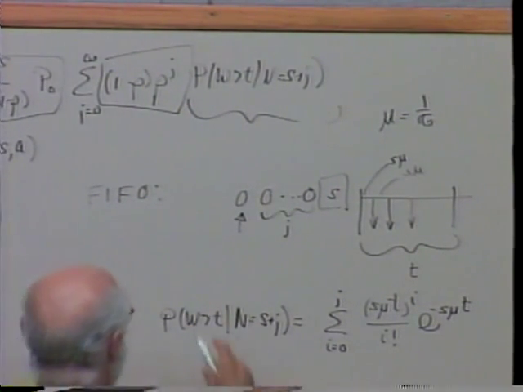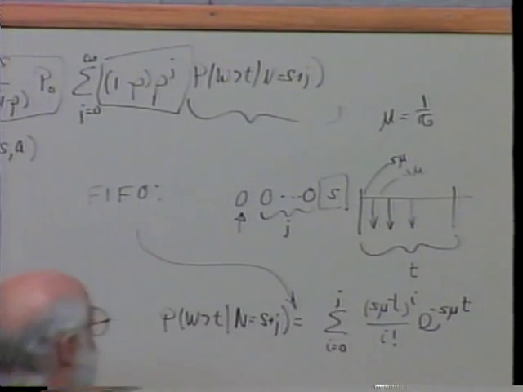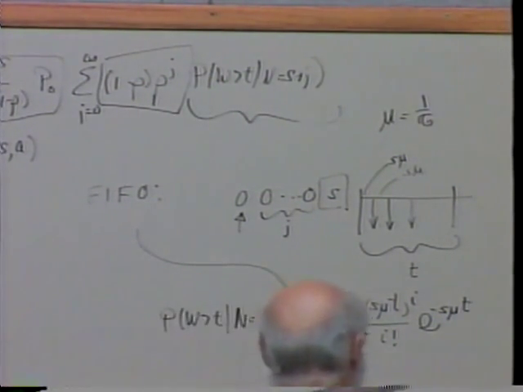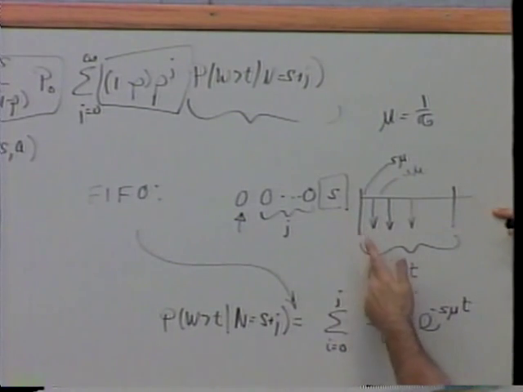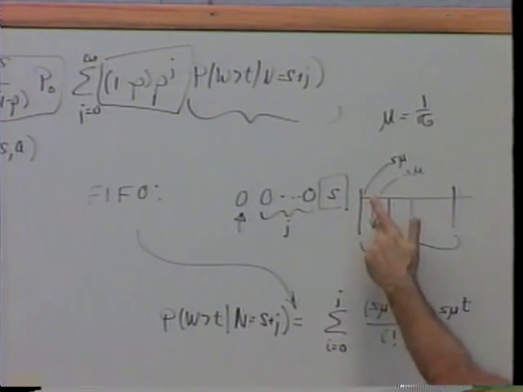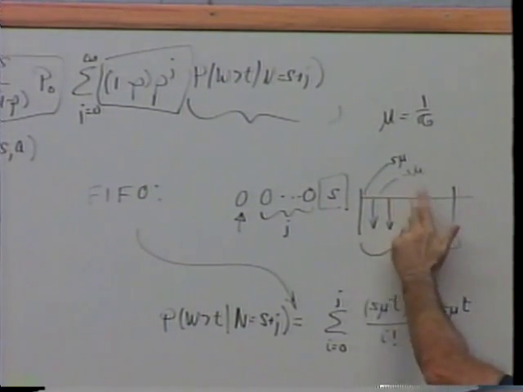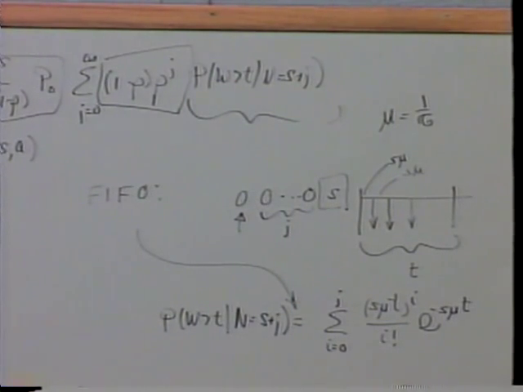Okay, so FIFO makes that work. That is, we must have exponential service times here, because it's the exponential service times that make the inter-departure times IID exponential.